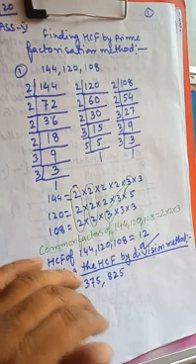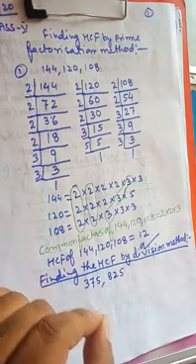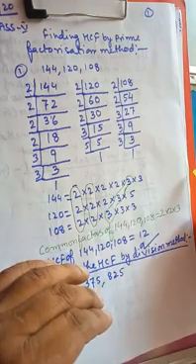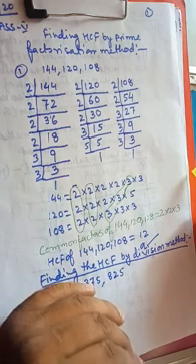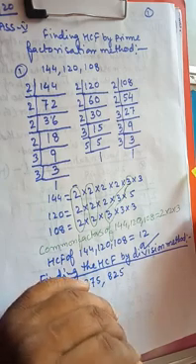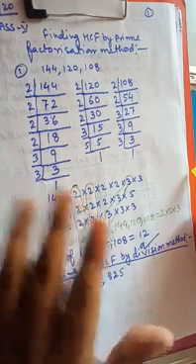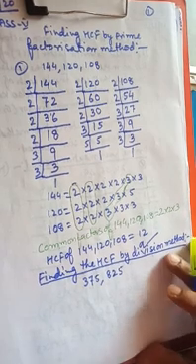When the remainder becomes 0, the last divisor is our HCF. Student, you have to divide until you get remainder 0. When you get remainder 0, that last divisor will be our HCF. Understand student? Like this we find the HCF by the division method.